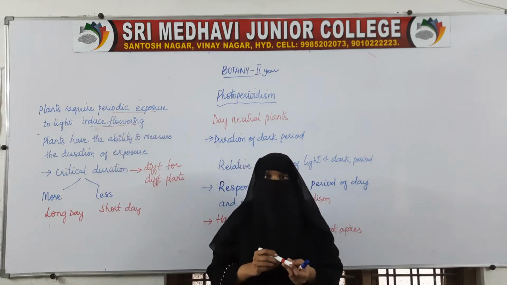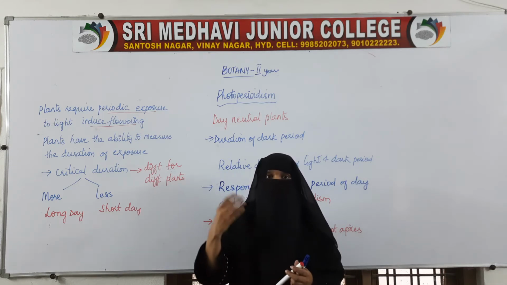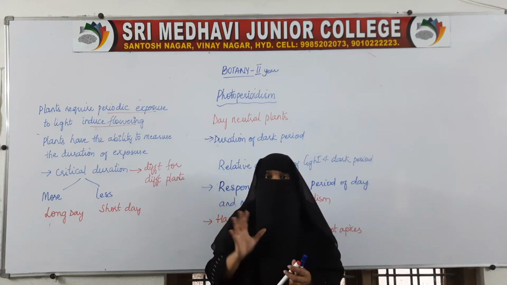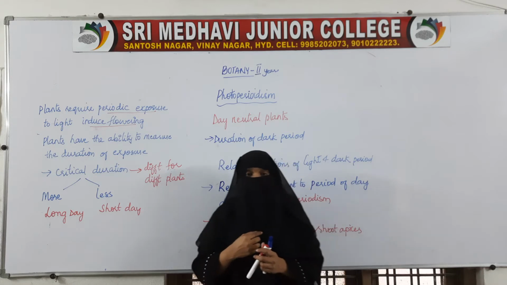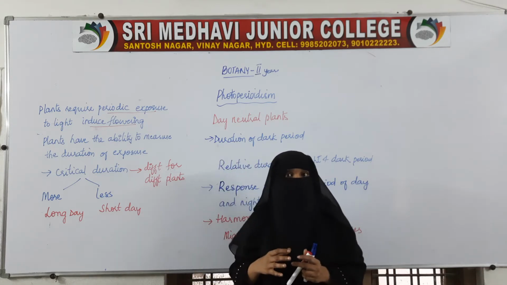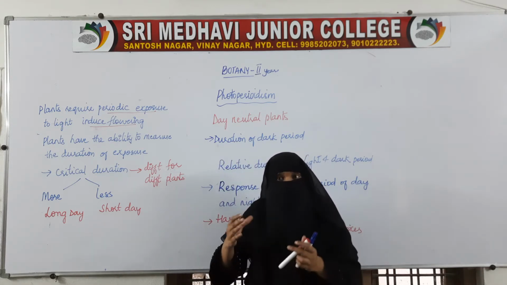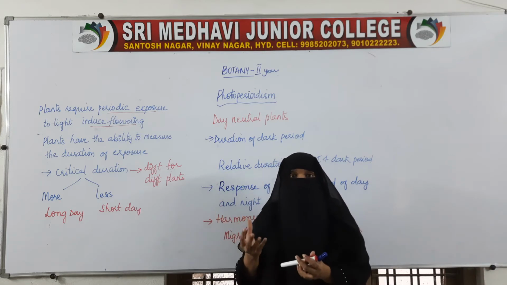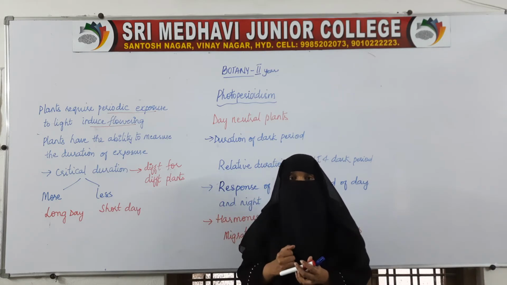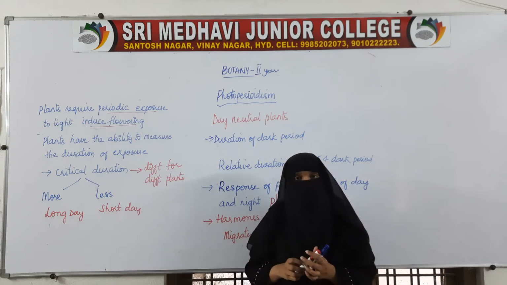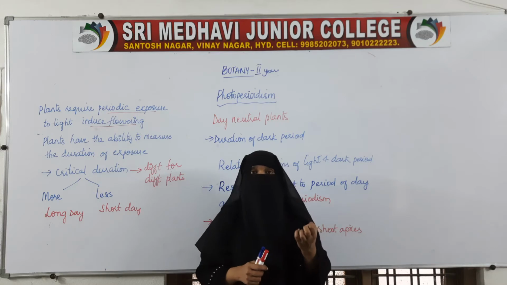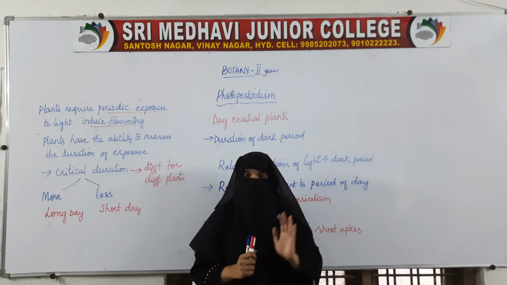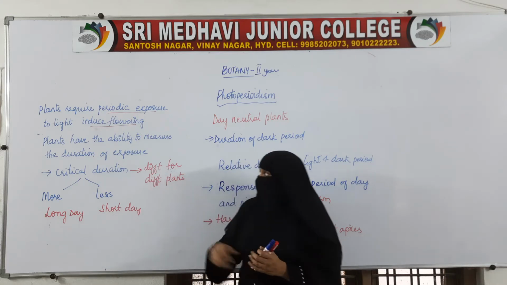To produce flowers, plants need to be exposed to sunlight for a period of time. And one interesting aspect is that plants have the ability to measure whether they will be getting that much sunlight in the day or not. They have the ability to detect how much sunlight they will be getting.